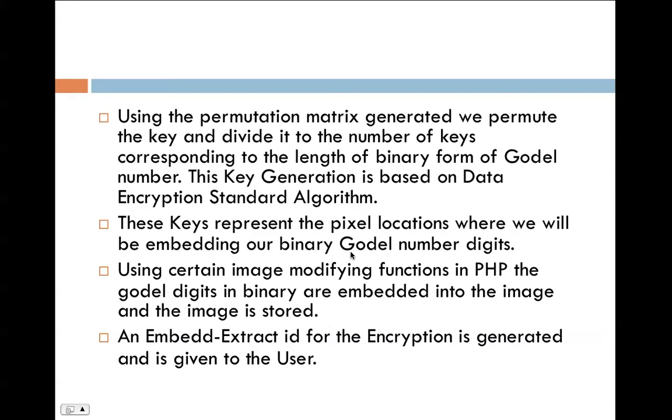Now these keys represent the pixel locations where we will be embedding our binary Godel number digits. Now using certain image modifying functions in PHP, the Godel numbers in binary are embedded into the image and the image is stored. Now an embed extract ID for the encryption is generated and is given to the user.